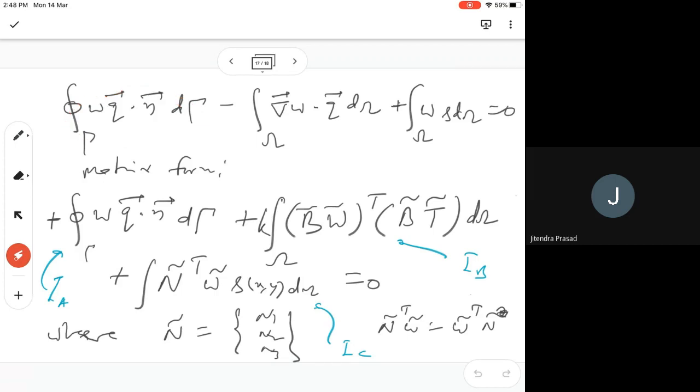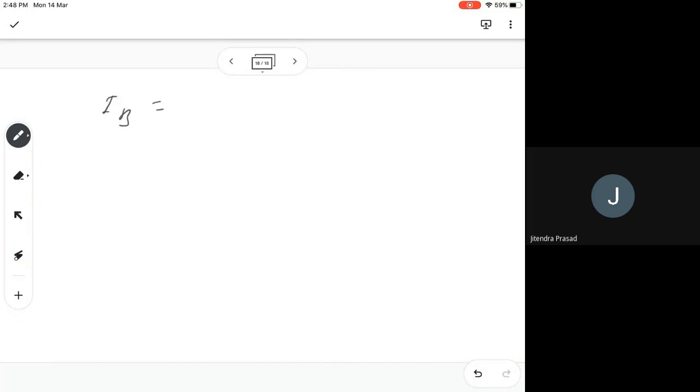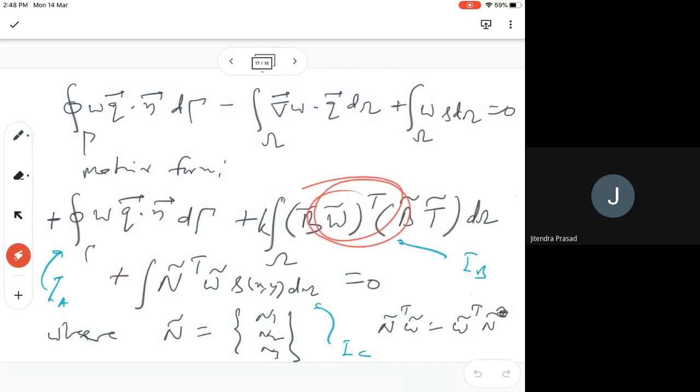So we can write IB equal to minus IA minus IC. So this is equal to minus this.